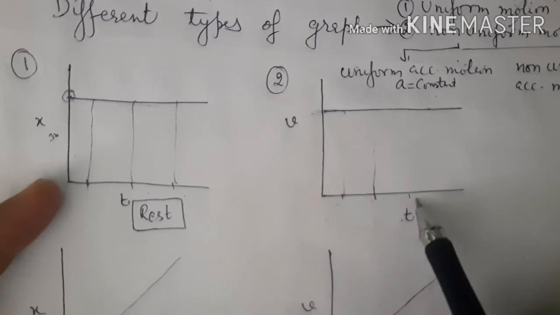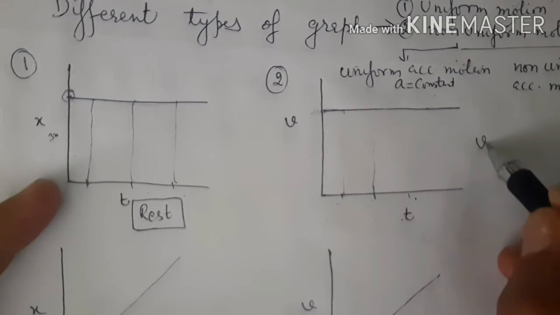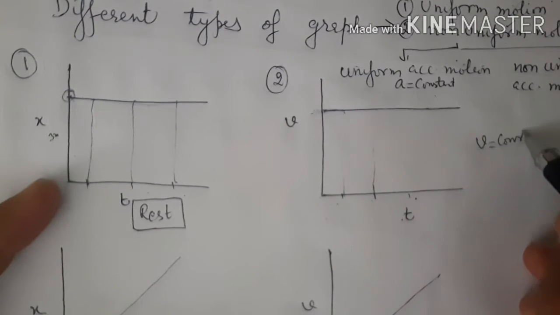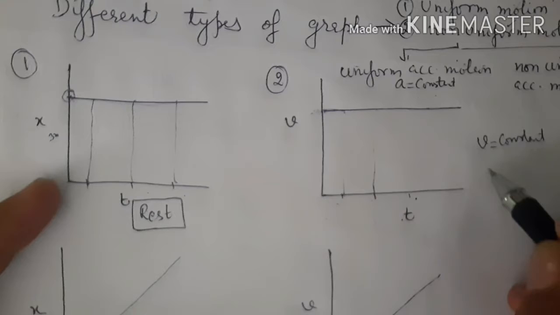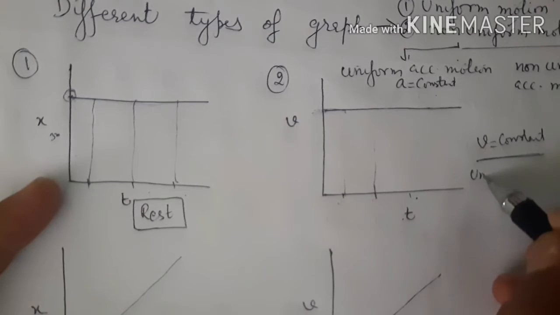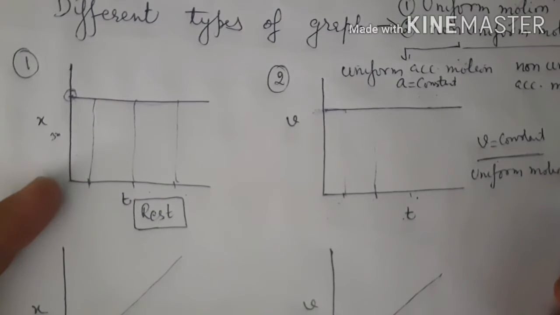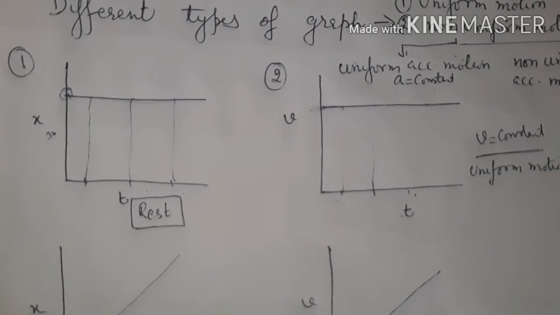So at different times the velocity is the same, which means the velocity is constant. We know that when the velocity is constant, it is uniform motion. So the particle will execute a uniform motion.